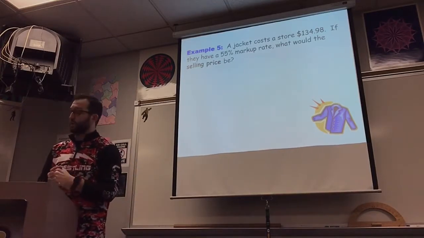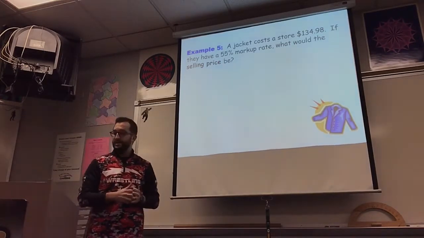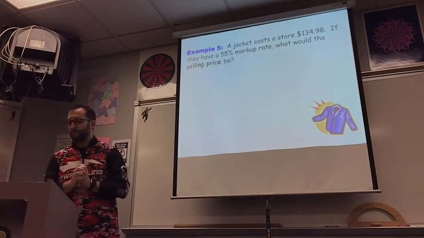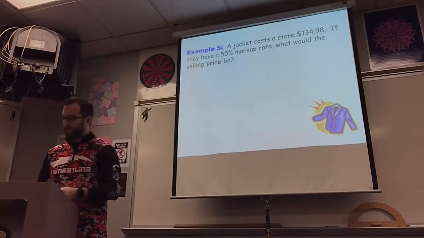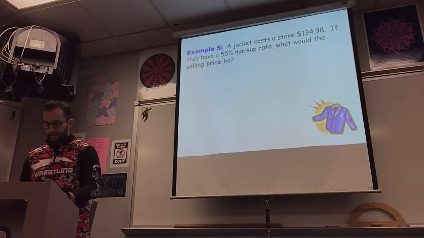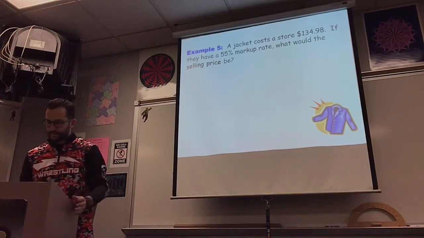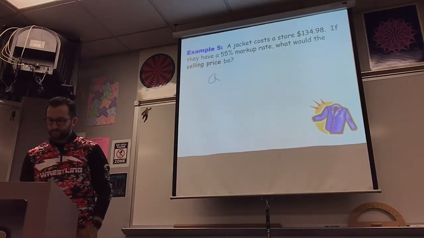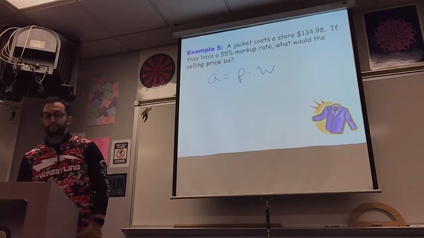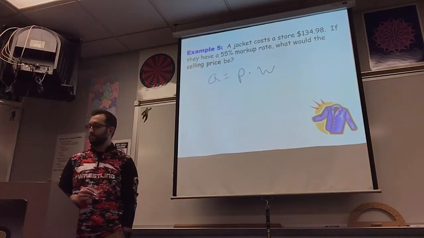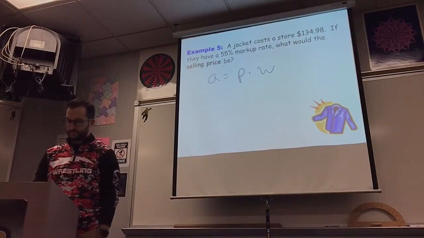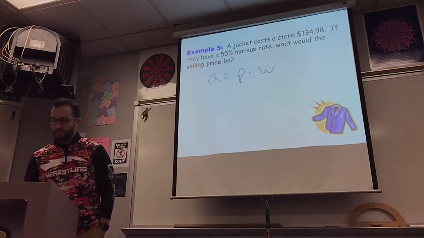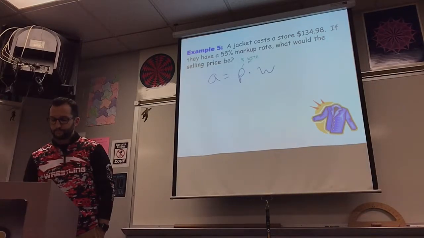A jacket costs a store $134.98. If they have a 55% markup rate, what would the selling price be? So this time, A equals P times W. P is not going to be percent of markup. I'm going to have P be percent with markup.